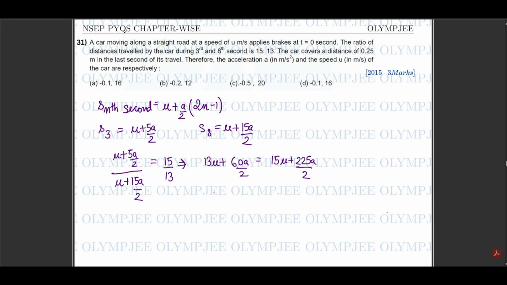So this implies that 2u is equal to minus 165a by 2.